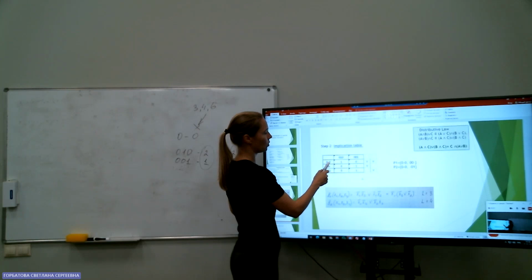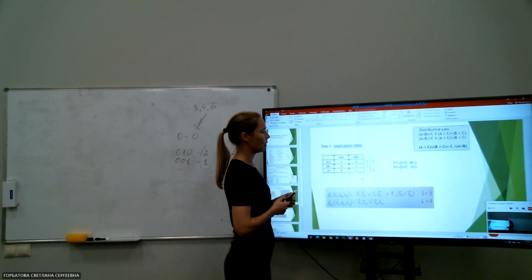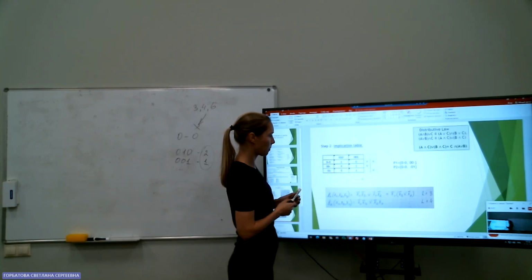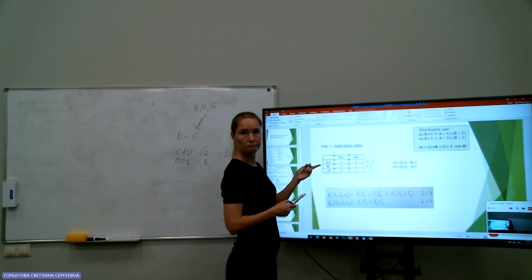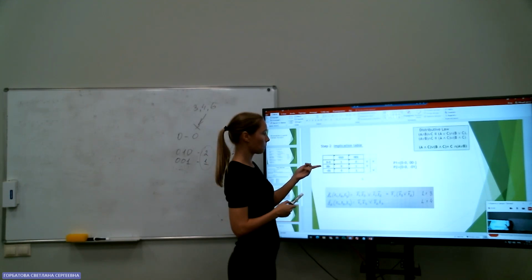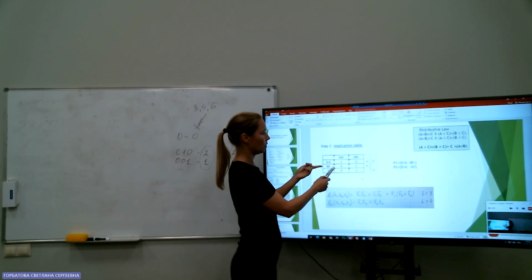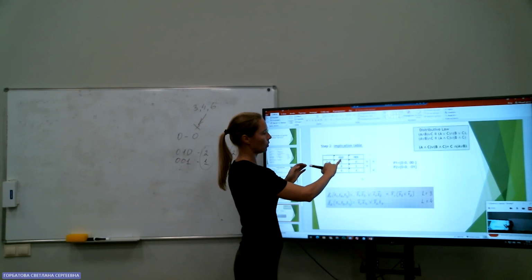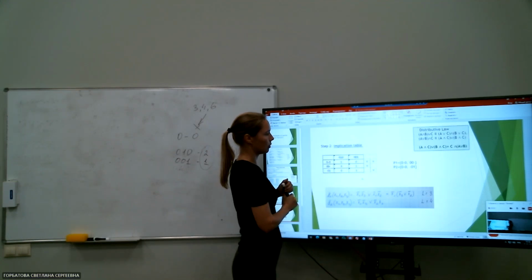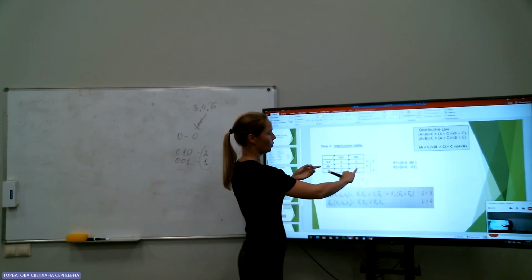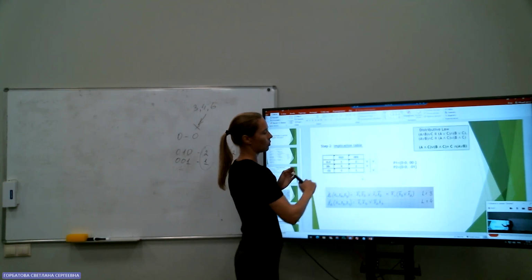These points are not here. Understood? The same situation here. It is false because of 0, 0. Here is 0, here is 1. It is true because of 0, 0, 1.